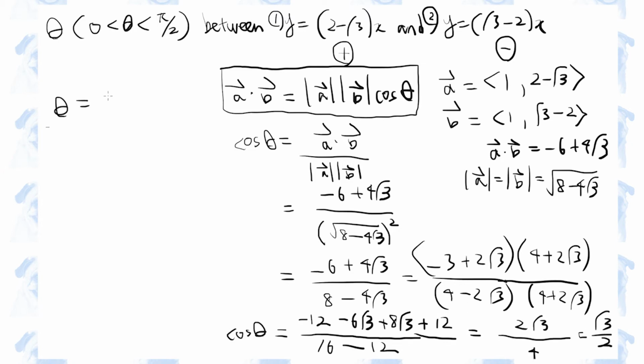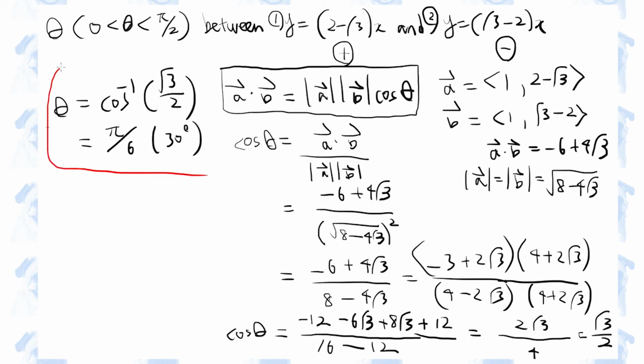So theta is inverse cosine of root 3 over 2, which is pi over 6, or 30 degrees. And this is the answer.